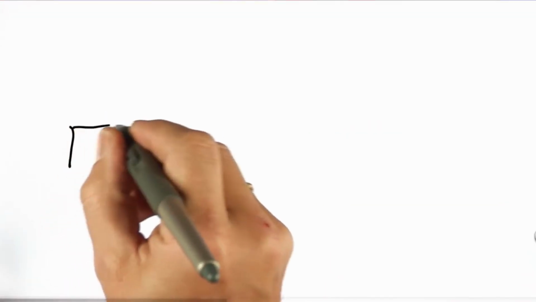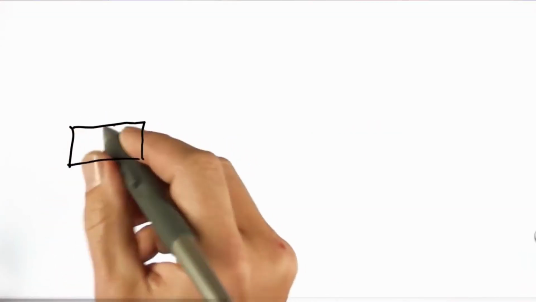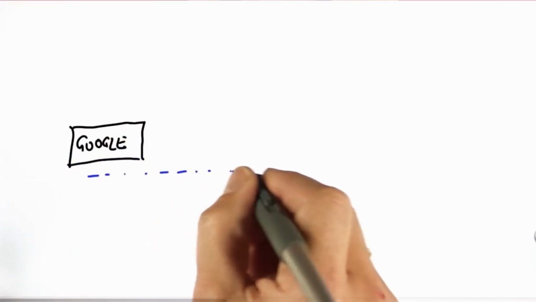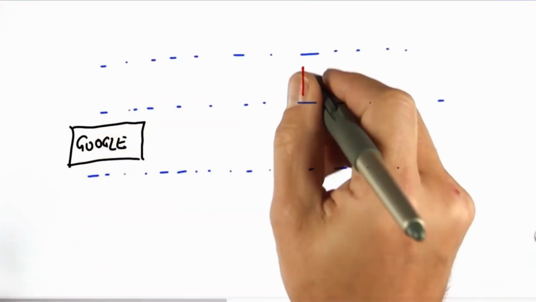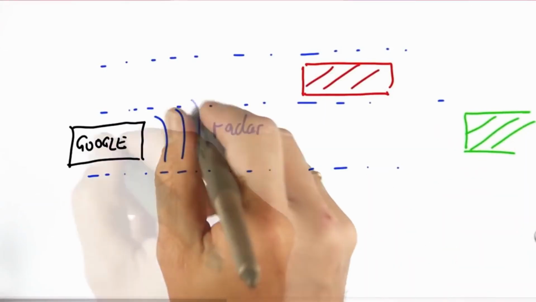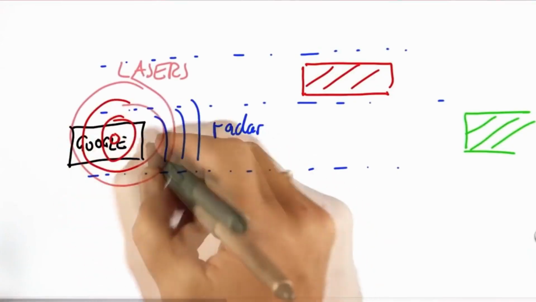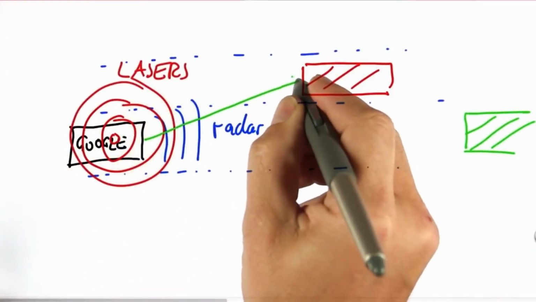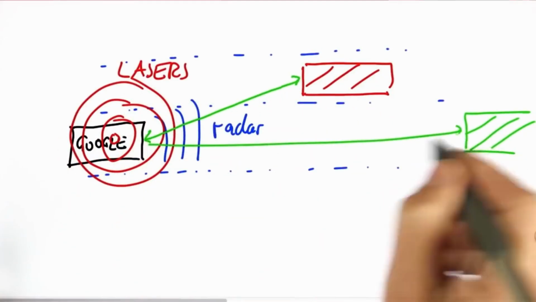If we paint the same situation from above, here's the Google car. It is localized in a map. Here's another vehicle and another one. Using radars and lasers, the Google car estimates the distance and the velocity of all these vehicles.